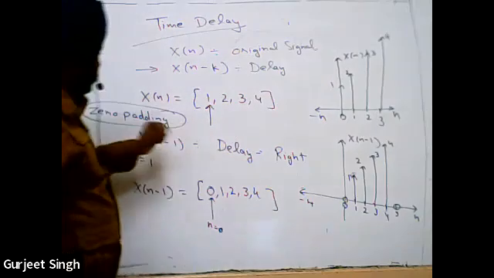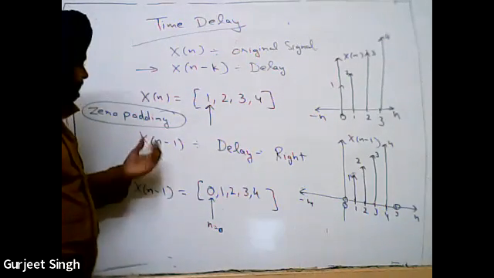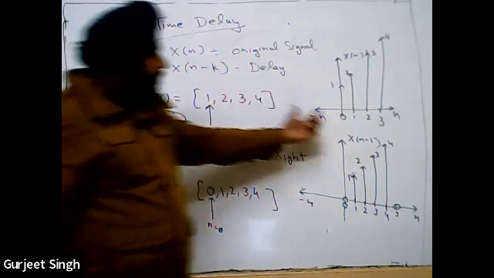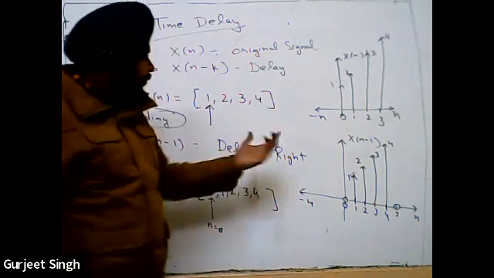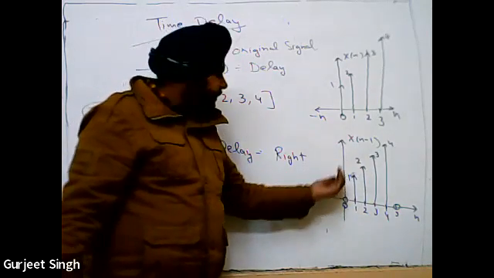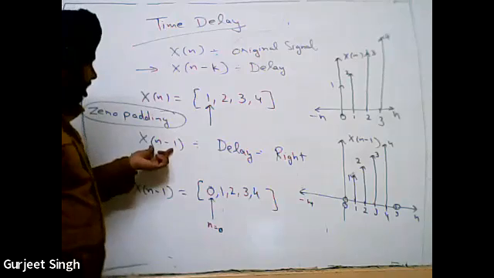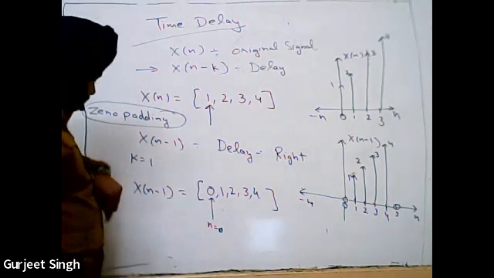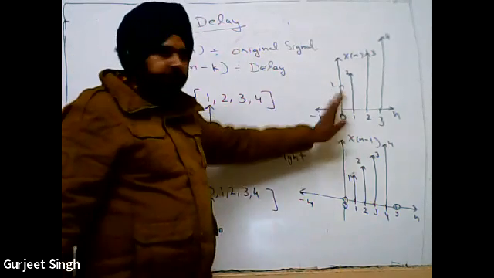If I delay this signal by one sample, I will move this signal toward the right side by one sample, because here I am taking the delay of one sample.